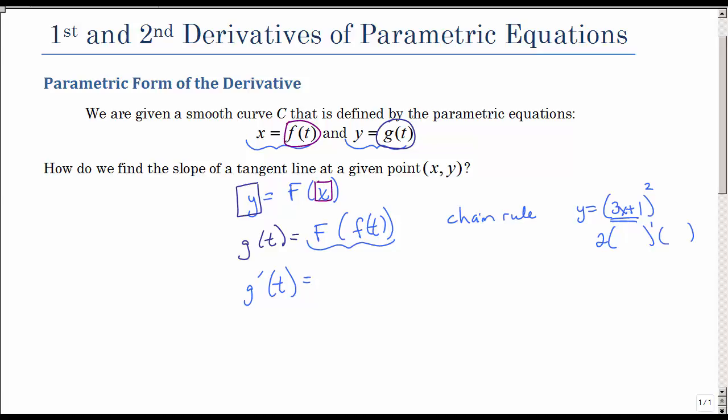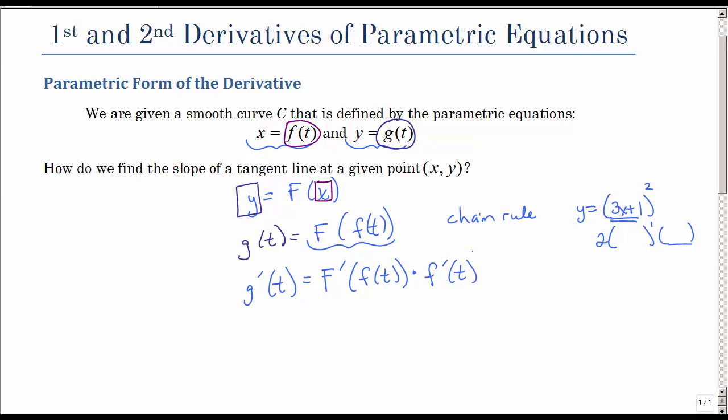Well, that's what we're going to do here. We're going to take the derivative of big F and leave the inside alone, multiplied by the derivative of that inside part, if you will. Remember, that's just the chain rule.